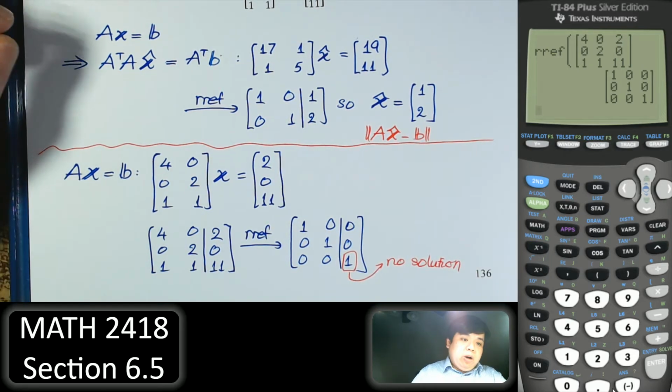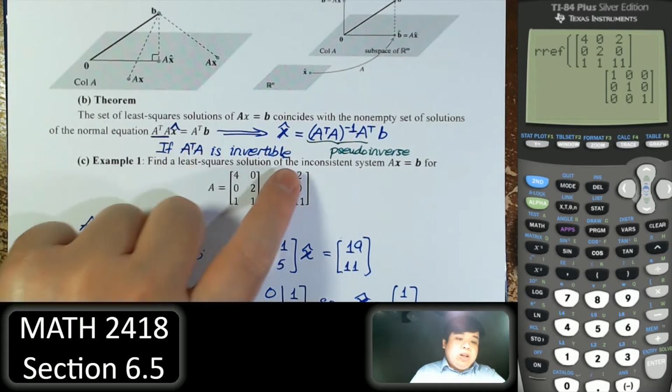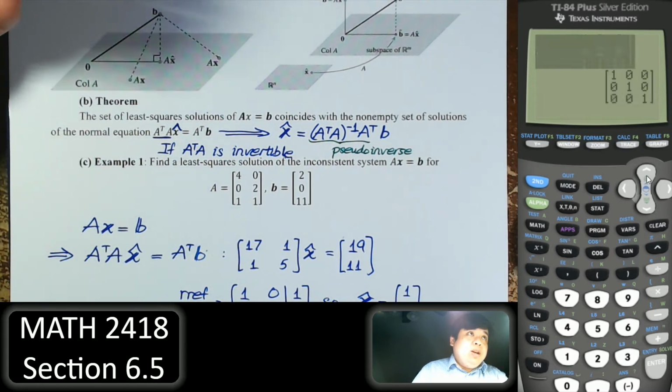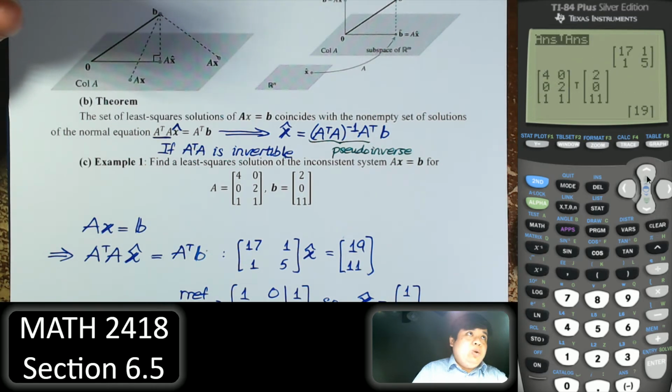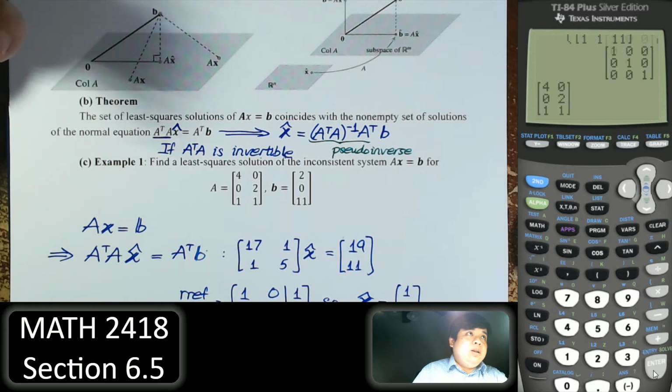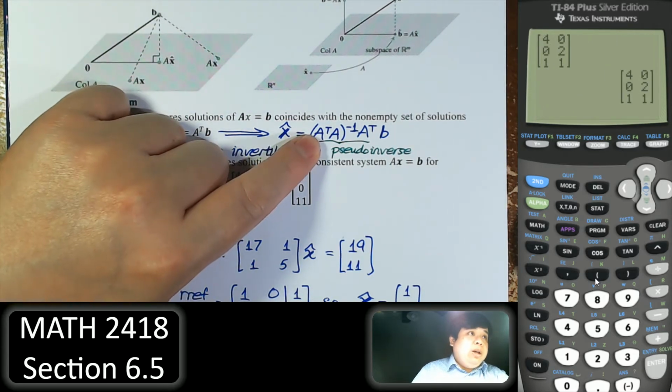Also one more note: if A transpose A is invertible, then we can just use the pseudo inverse. So enter the matrix A. Let's do that again.